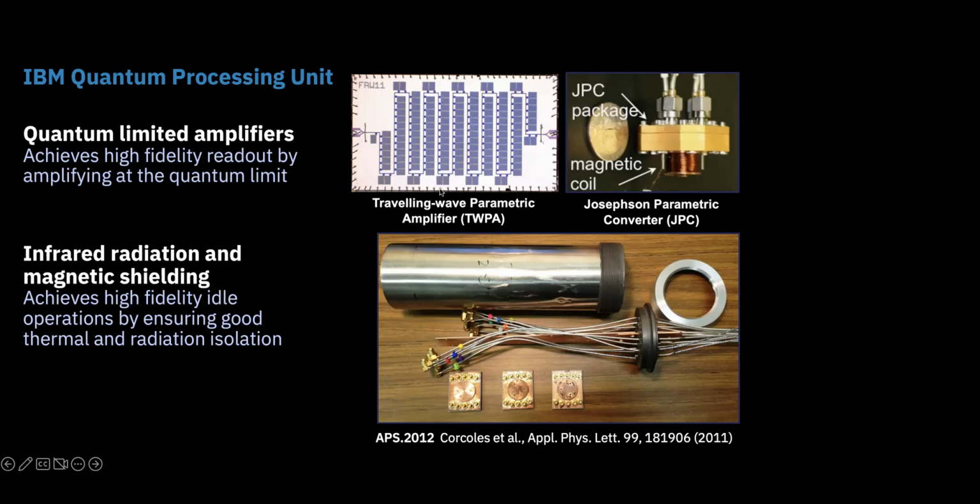So we have two kinds, called the traveling wave parametric amplifier, where the signal gets amplified through this kind of metamaterial of Josephson junctions, and the Josephson parametric converter, which is more of a resonant structure in which you can tune the frequencies with the magnetic coil. The same way you can do a flux qubit, you can change the frequencies in here so that you can make it match the signal frequencies.